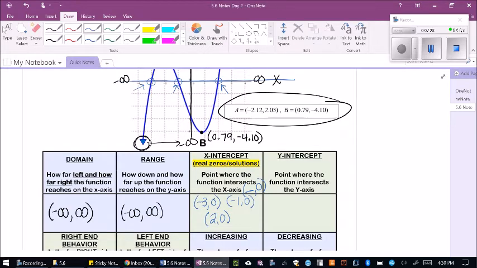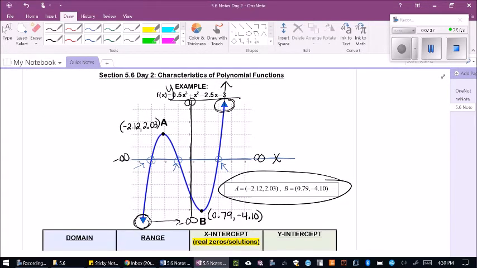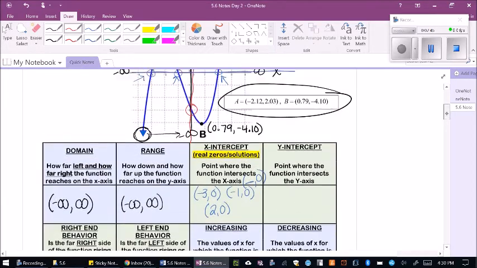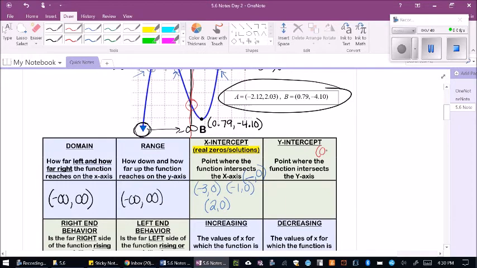The y-intercept is the point where the function intersects the y-axis. So now I'm just looking at the vertical axis here. And so here I'm going to see it crosses the graph at this point. And generically, when I write a y-intercept, that's going to be 0, comma, blank.